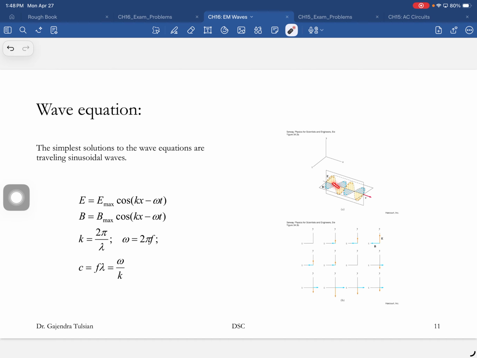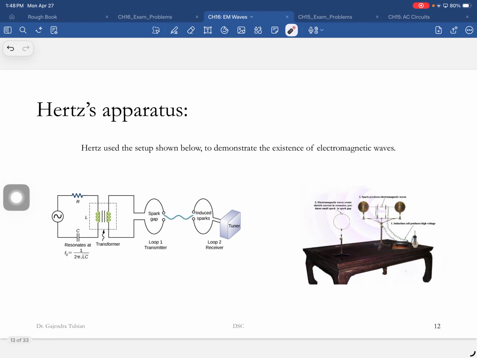All right, so now here are some properties of electromagnetic waves. Here's a plane electromagnetic wave. It's called a plane wave because if you draw a plane perpendicular to the direction of travel, in that plane the electric field is constant everywhere, and the magnetic field is constant everywhere. So that's the solution we found. You can go anywhere in the wave.